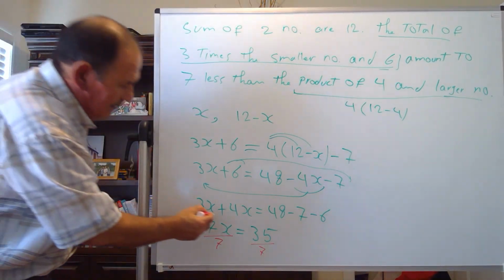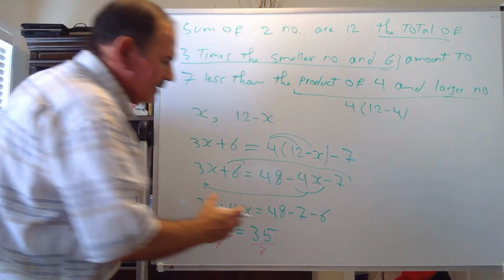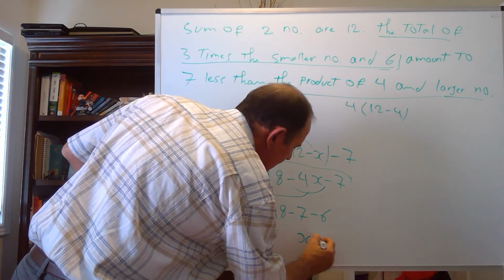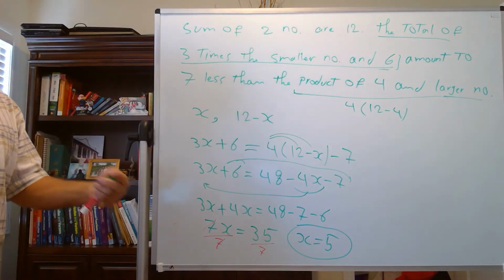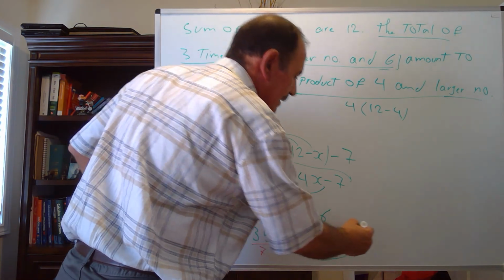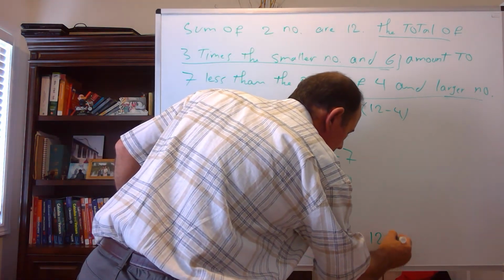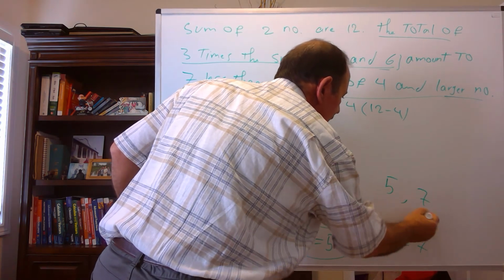Then these two 7s cancel each other, and 35 divided by 7 is 5. So x is equal to 5. What is the other number? The other number is 12 minus 5, which is 7. So 5 and 7 are the two numbers.